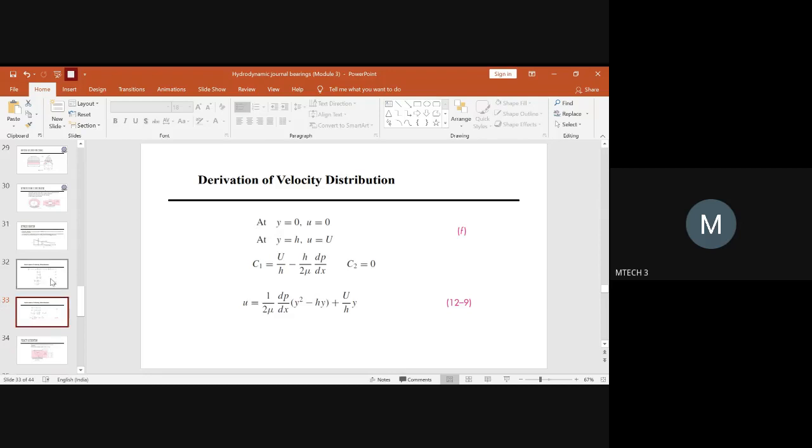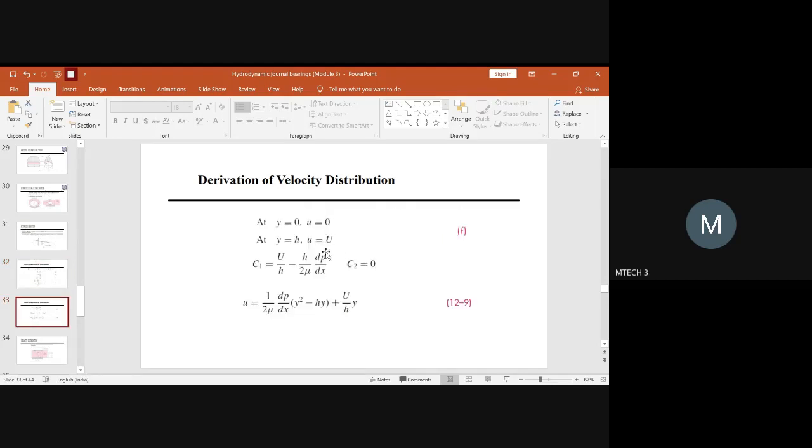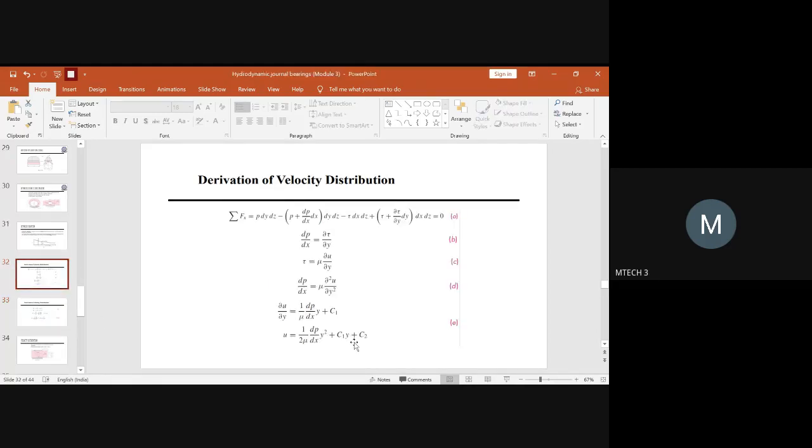If you go back to the equation and put y equal to 0, you can get the equation reduced, and you can get the value of C1 equal to this much. In that case, your C2 doesn't have any values related to y and u, and hence obviously this will be equal to 0.